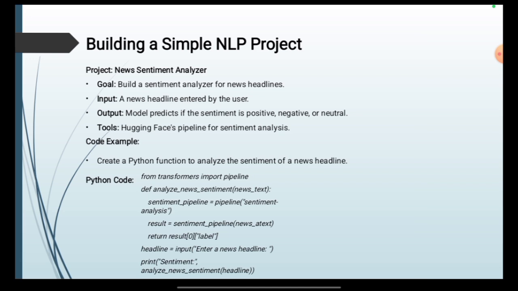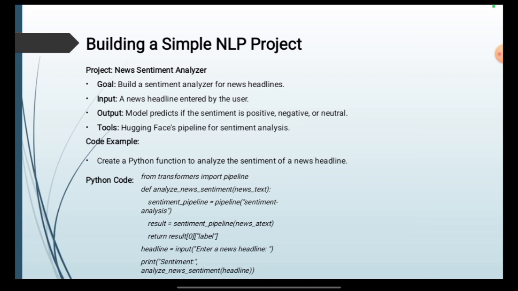The pipeline method loads a pre-trained sentiment analysis model that processes the input text, analyzes it and returns the predicted sentiment label with a confidence score. This type of project helps understand how to implement sentiment analysis using pre-trained models and how to process real-world text data effectively.